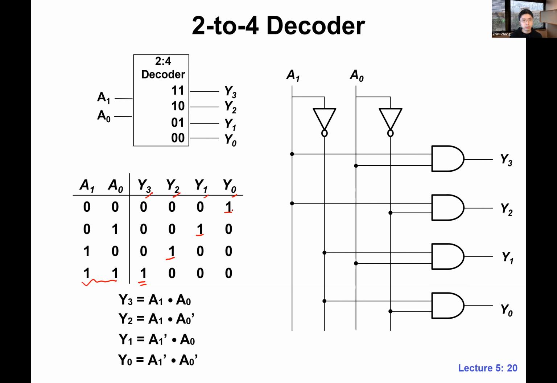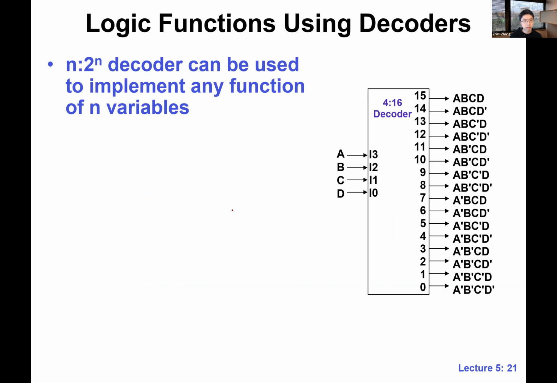For 2 to 4, it's very simple, and we can further generalize to 3 inputs and 4 inputs. We just saw 1 to 2, 2 to 4, we can have 3 to 8, and then 4 to 16, with 16 outputs. Each output line corresponds to one of the minterms.